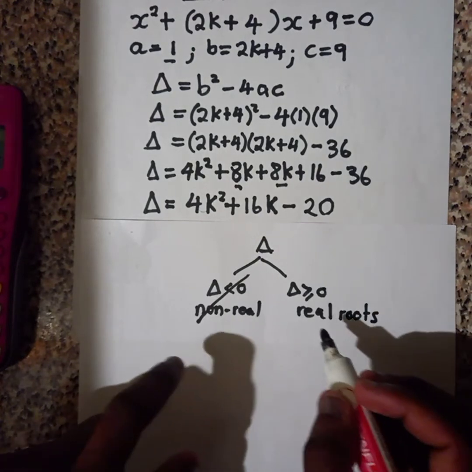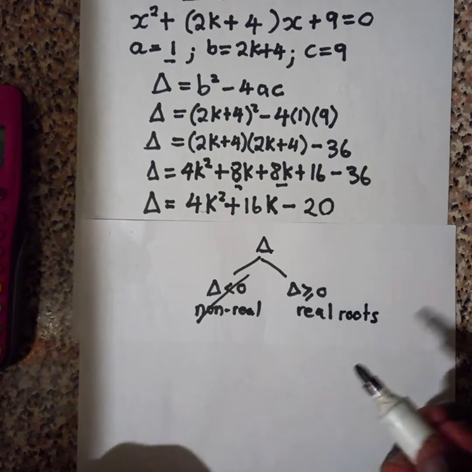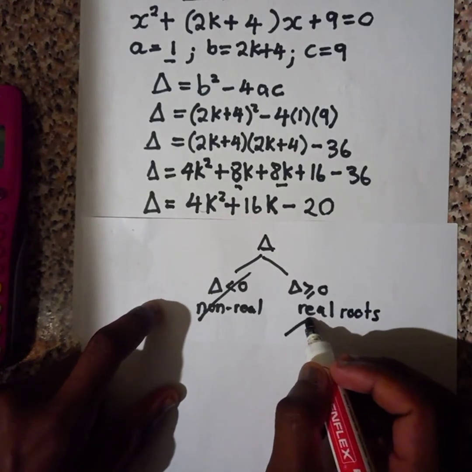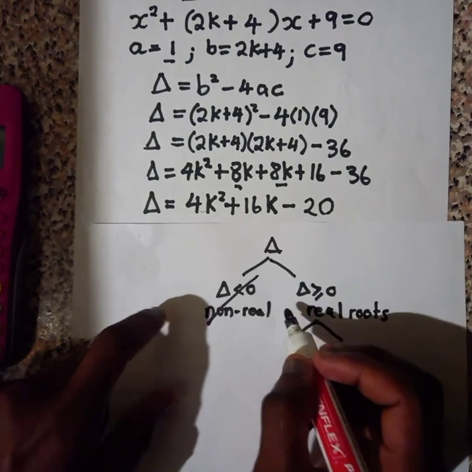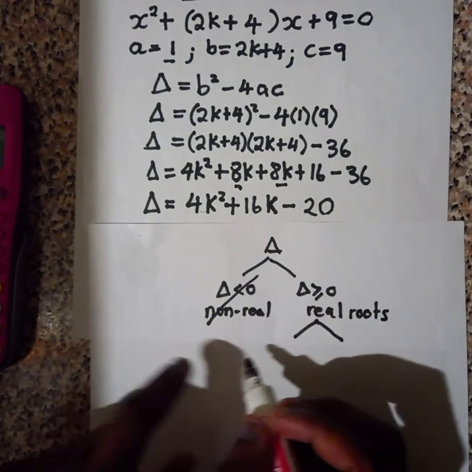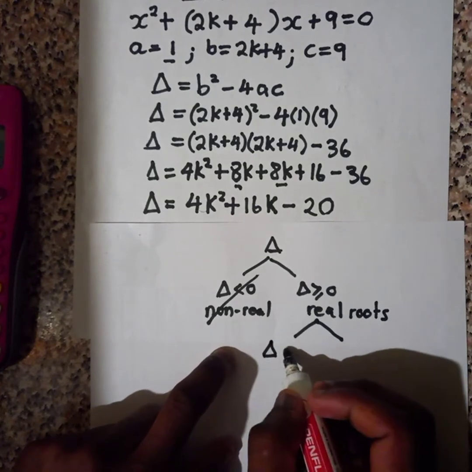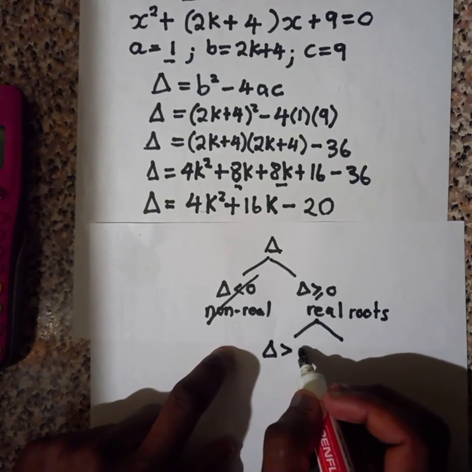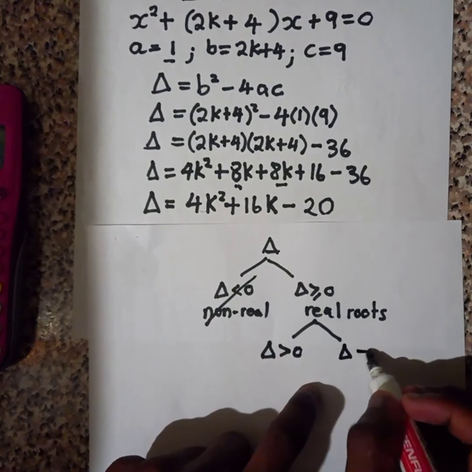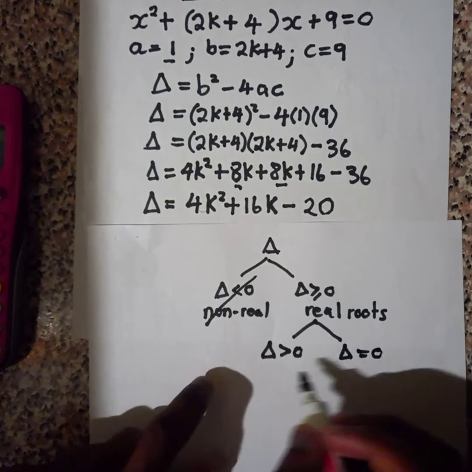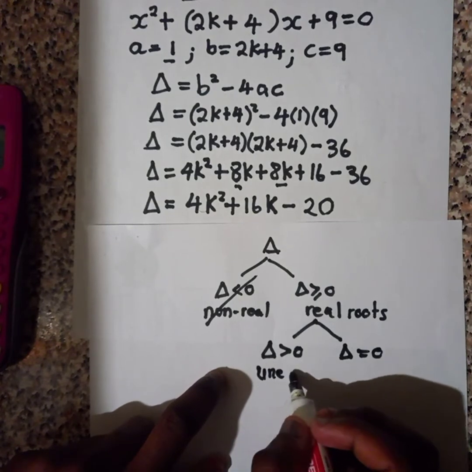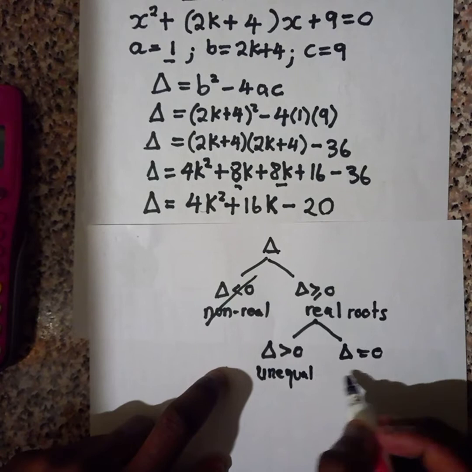We also learned in the previous video that this side of the real roots further branches into two. The first one is whereby your delta is greater than 0, and the other whereby your delta is equal to 0. And we said this one represents unequal roots.